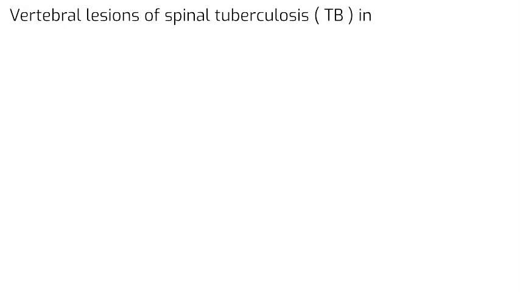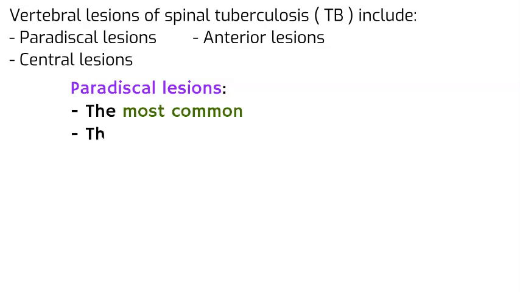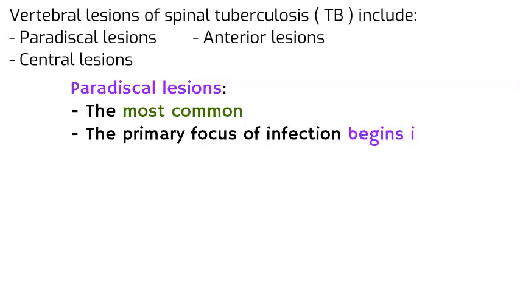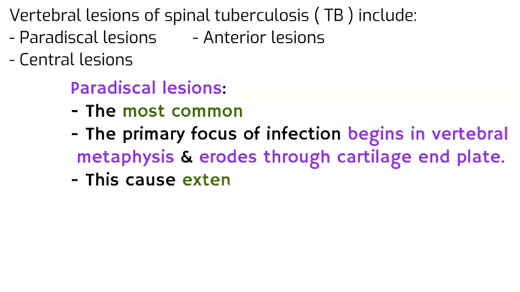Vertebral lesions of spinal tuberculosis include paradiscal lesion, anterior lesion, central lesion. For paradiscal lesion, it is the most common. The primary focus of infection begins in vertebral metaphysis and erodes through the cartilage end plate.